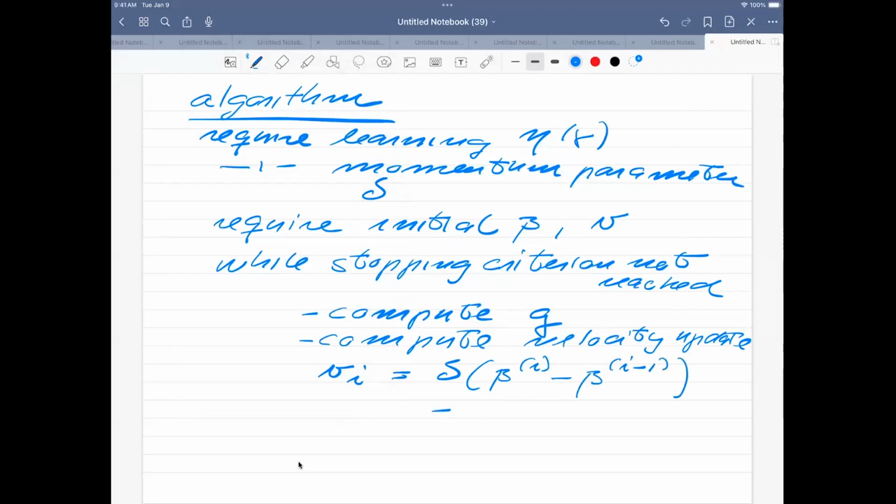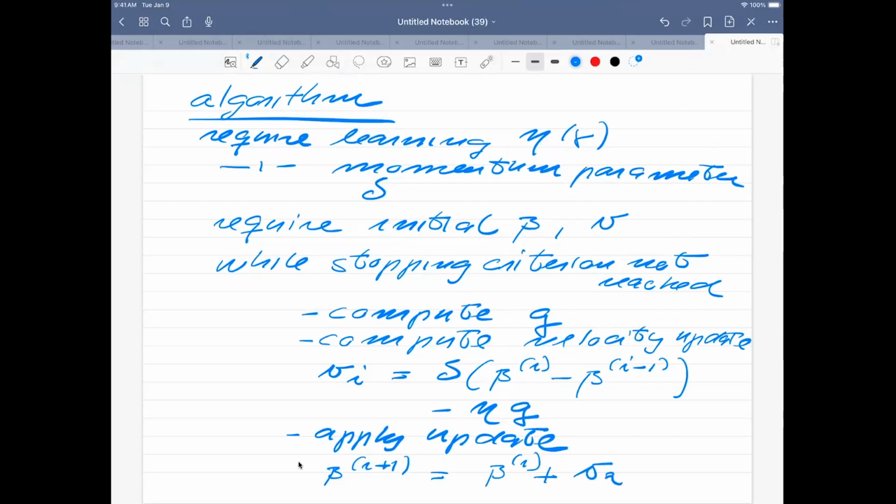And then minus a learning rate eta multiplied with the gradient. And then we apply the update, which is then beta of i plus 1, which is now equal to beta of i plus this parameter v of i. So this is just an intermediate step which you calculate.